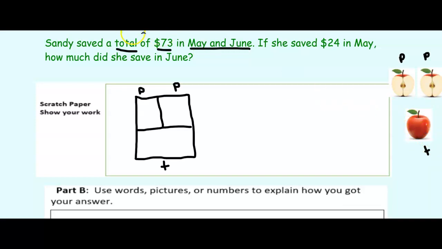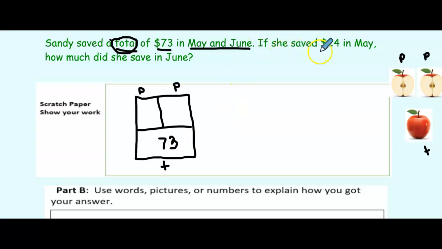So the first sentence says, Sandy saved a total of $73 in May and June. So our number 73 needs to be in the box that says total. Very good. Please help me read the next sentence.